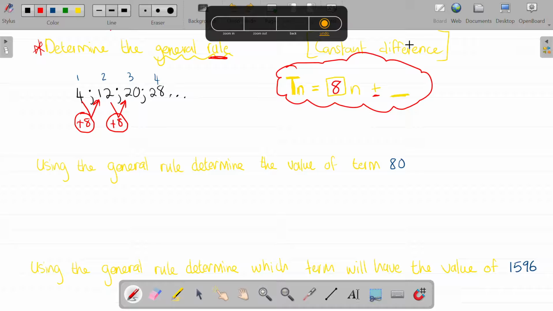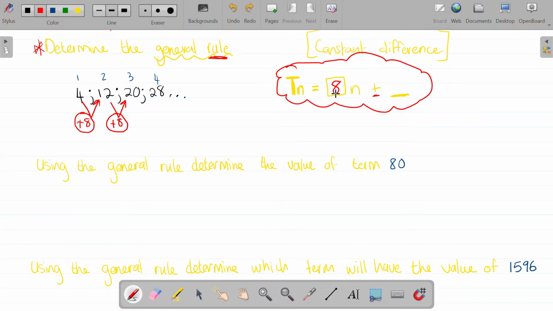So let's have a look and see how we're going to get this. Once you have gotten your constant difference, you write it down over here, okay? And then you're going to ask yourself, what must I add or subtract to get the first term number in my pattern, right?